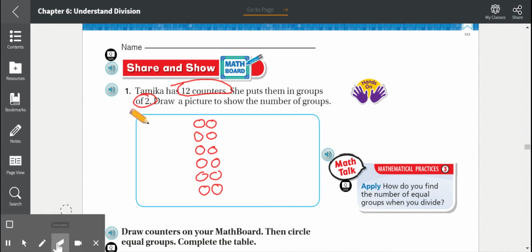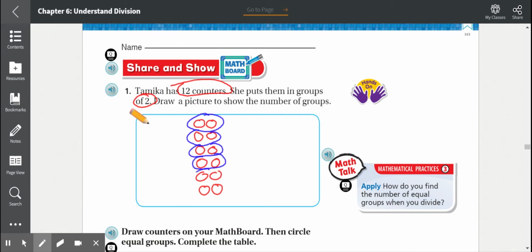Now we're going to circle those groups of 2. 2, 3, 4, 5, 6. So how many groups did she make? She made 6 groups.